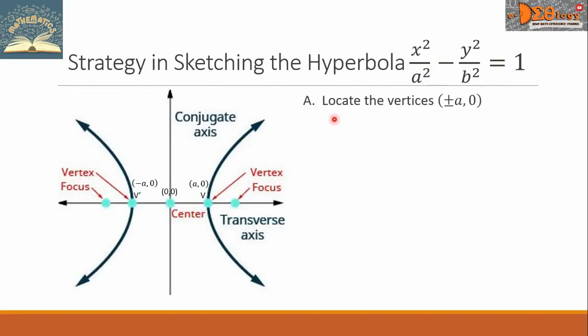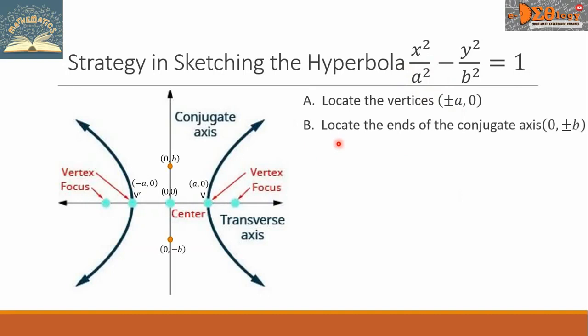The first step is to locate the vertices. The coordinates will be plus or minus a, 0. We can take the value of a by getting the square root of the denominator of x squared.